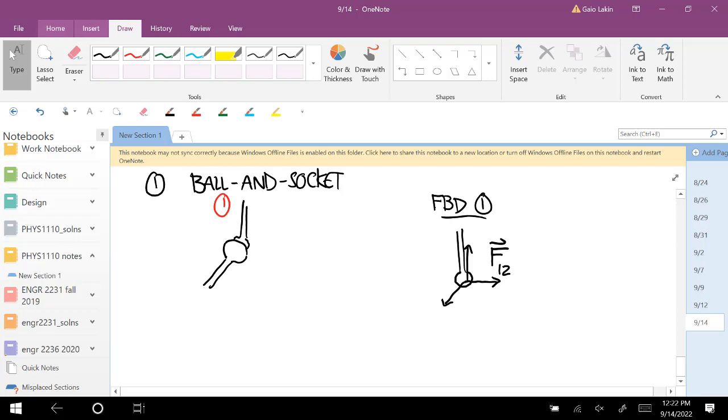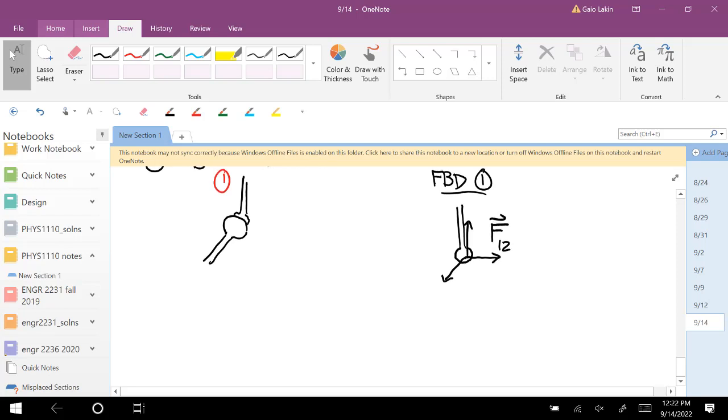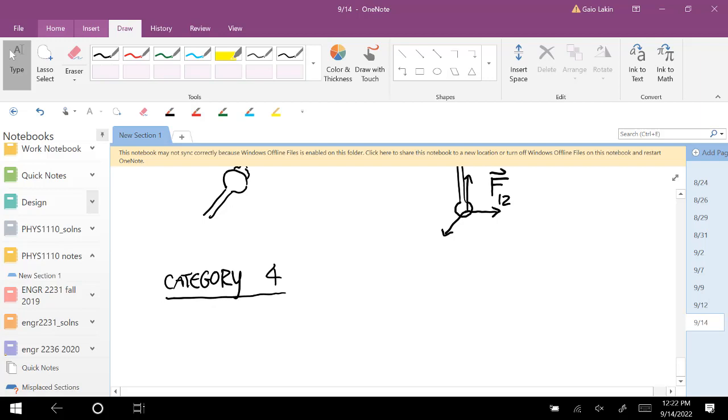Okay, now we're getting into the 2 more complicated ones, because what they do depends on how they're being used in the problem, in the design. So category 4. This introduces up to 4 variables.